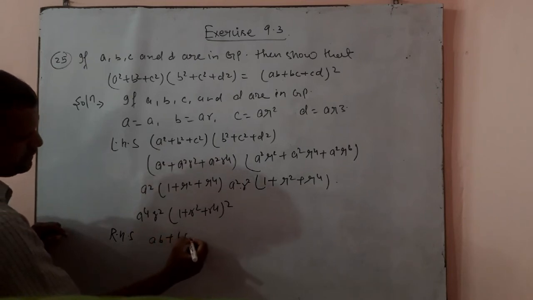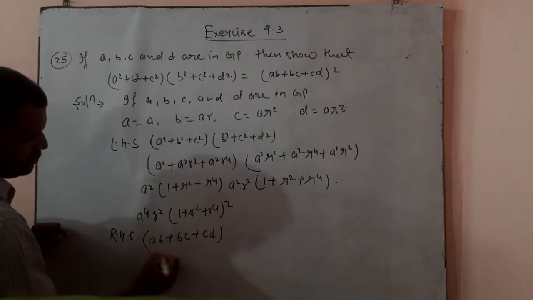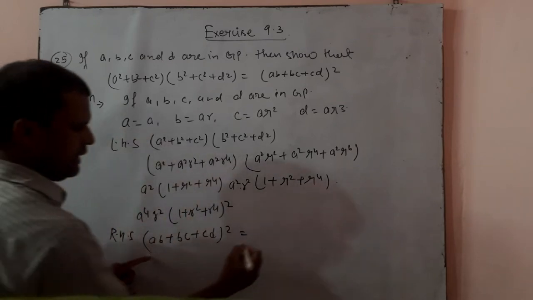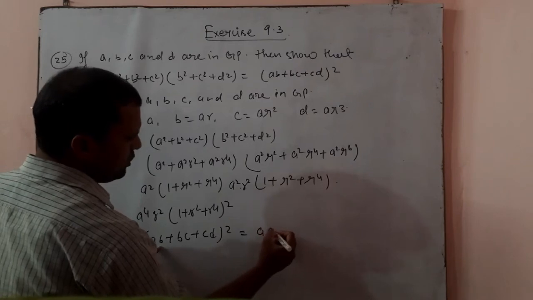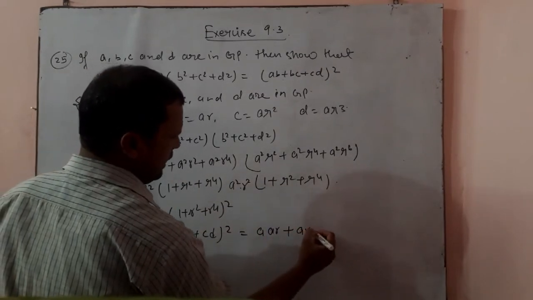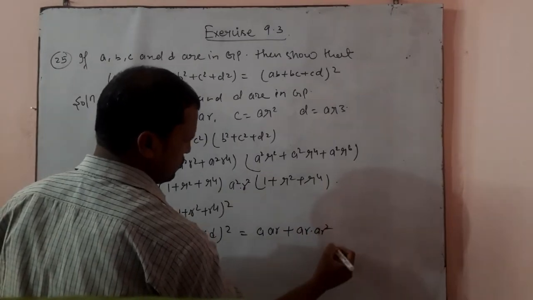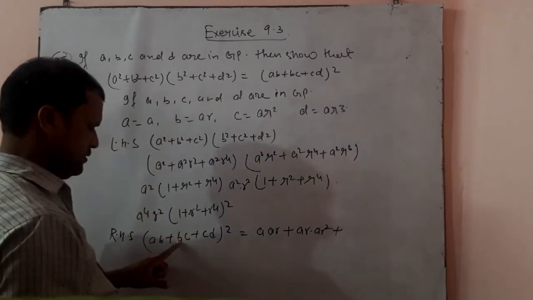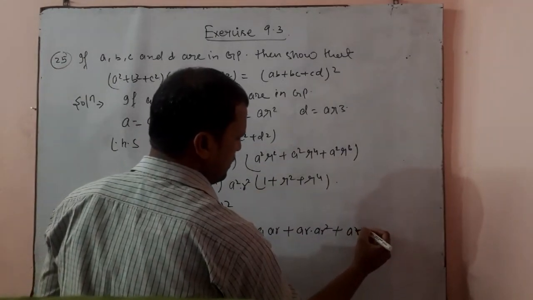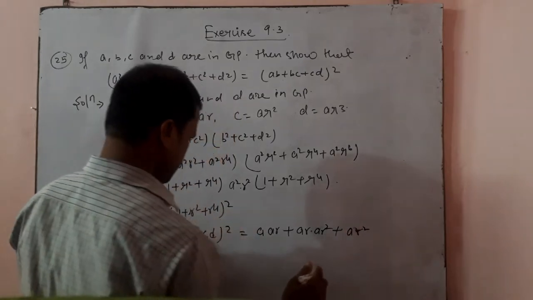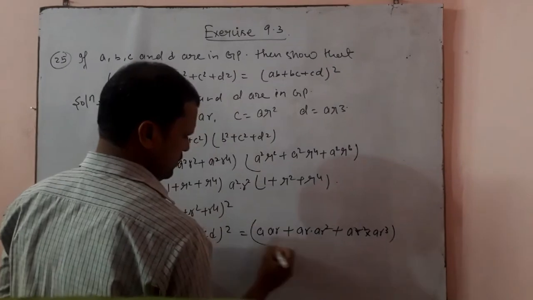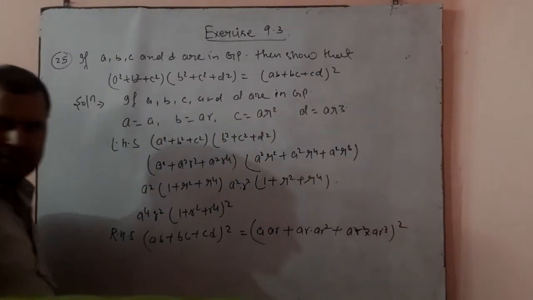Now you can put the values: A as it is and B equal to AR, again plus AR into AR square, that is BC, and CD is AR square into AR cube, whole square is here.